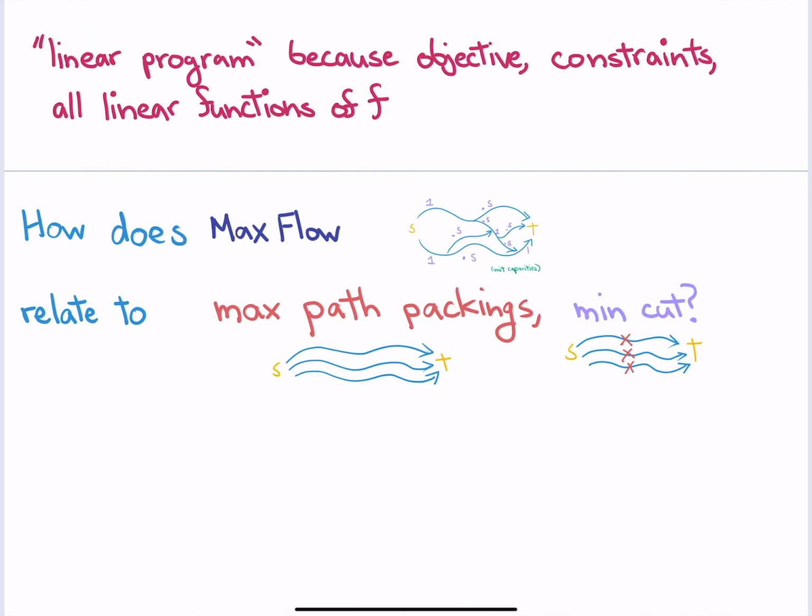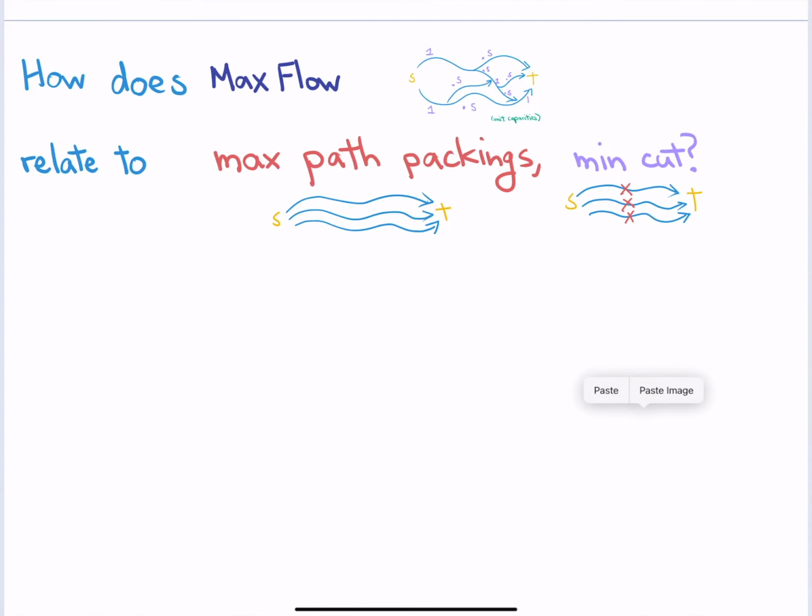Okay, so I defined this sort of funky problem, max flow. And now the question is, let's relate it back quickly to some of these problems we discussed, namely packing paths and minimum ST cut. It seems similar. You're sending stuff from S to T, right? But it's not as discrete as before.